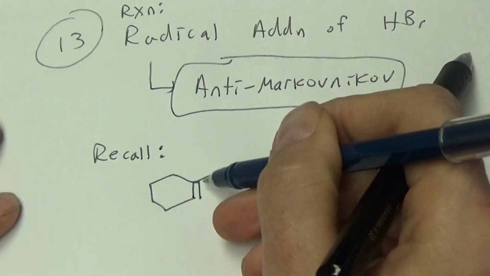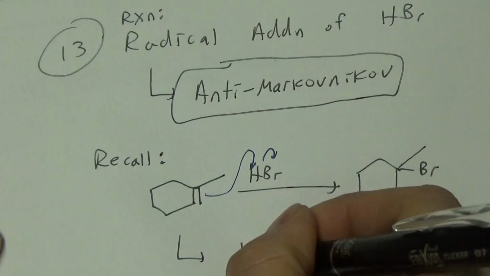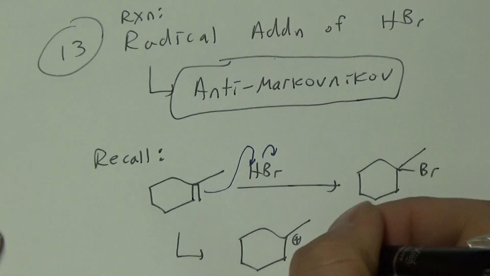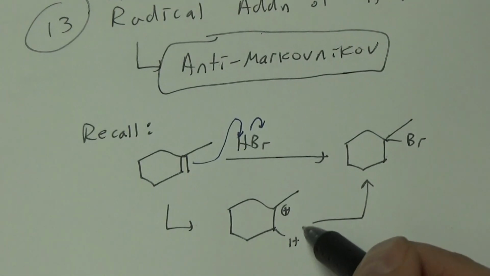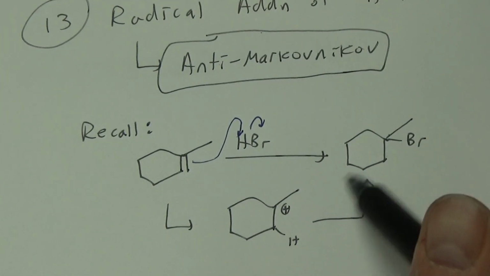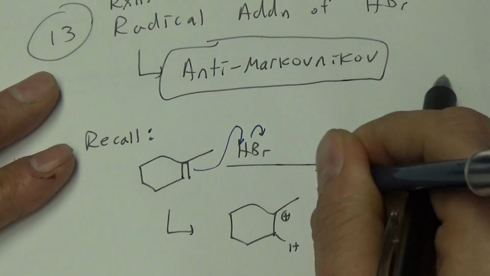It was Markovnikov, right, the carbocation. There's the H, right? So it was a carbocation type mechanism, right? Br minus.